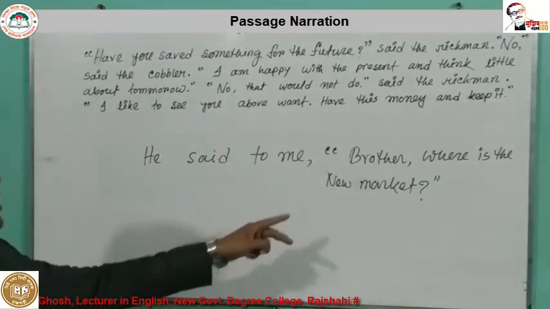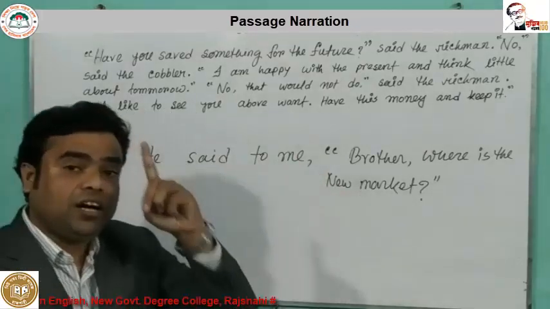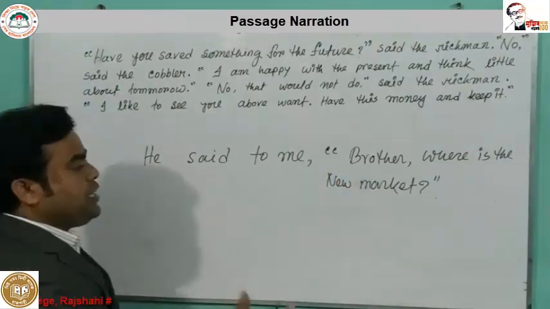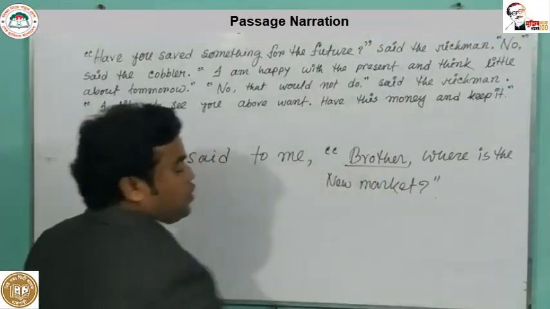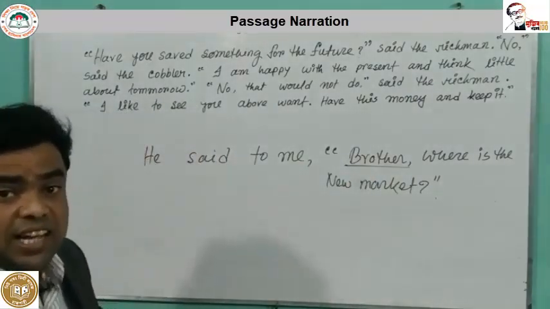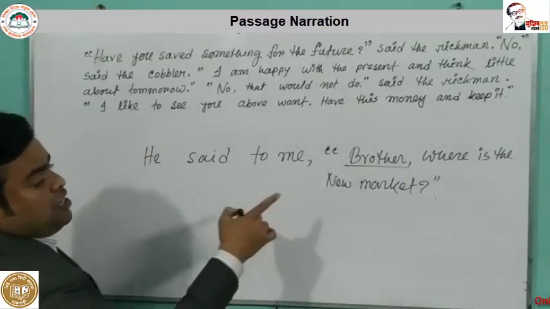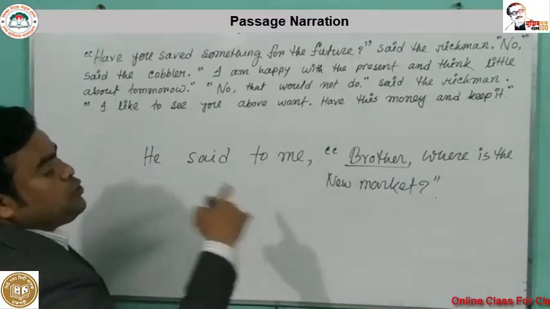If you see a sentence like this, and obviously you will see sentences like this in passages, you see the use of vocatives or addressing words in the reported speech. You have to change this sentence into indirect.